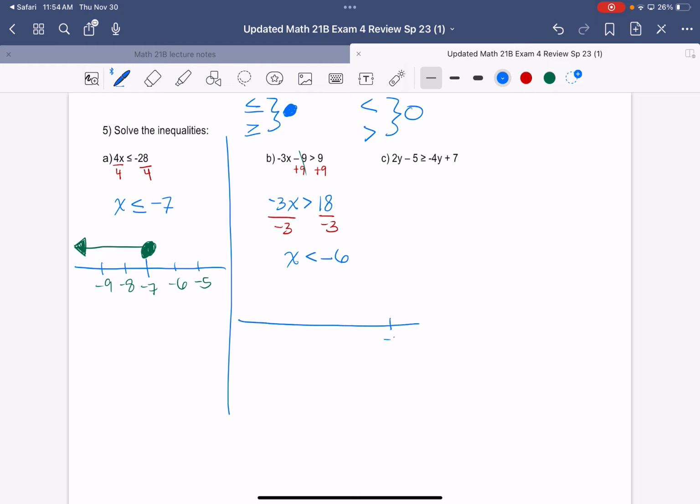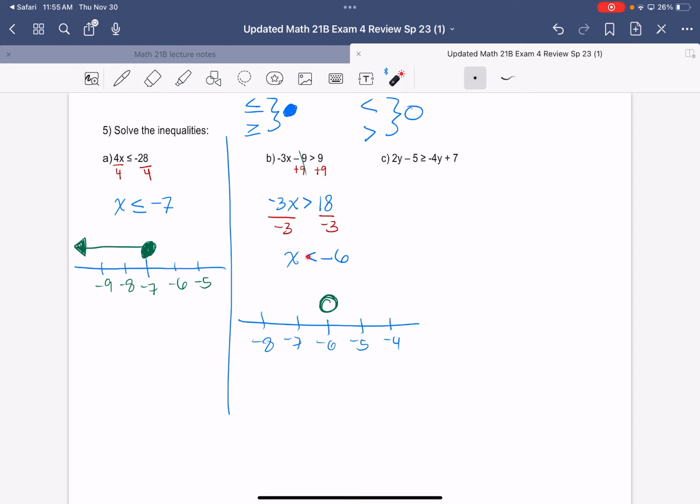Okay, so negative 4, negative 5, negative 6, negative 7, negative 8. At negative 6, is it an open circle or closed circle? Open, good, because it's just less than. It doesn't have the equal to. And then do I draw my arrow to the left or to the right? Left, because look which way this is pointing.